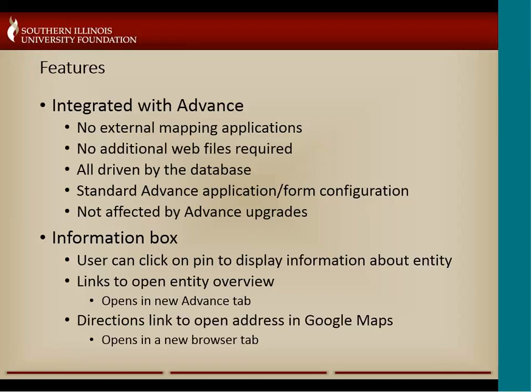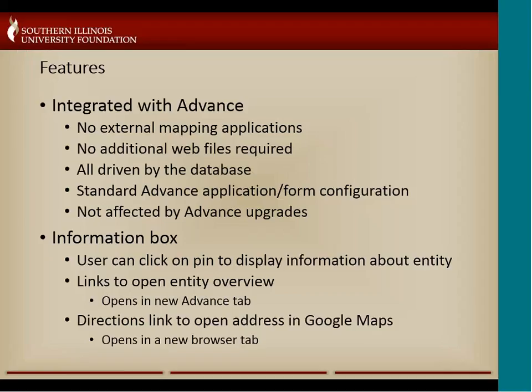The next piece was our Executive Director of Development really wanted some sort of pop-up information box that would give a little bit of information about the household that we're dealing with on that pin. So we worked with her in research and tried to figure out which pieces and parts make the best information box for a development officer.